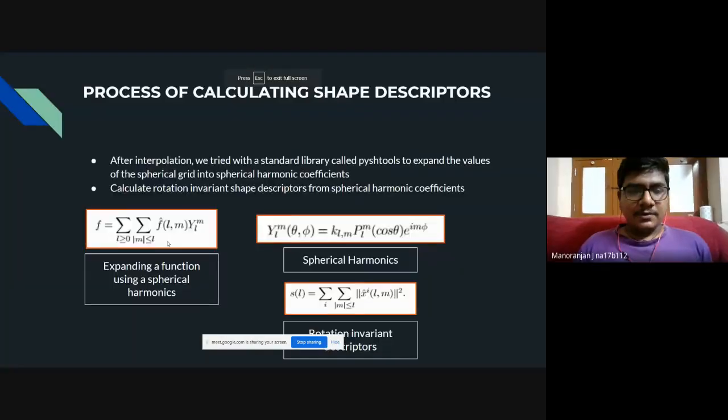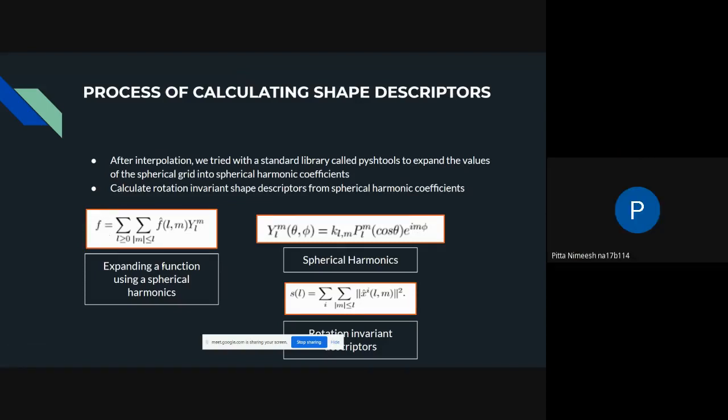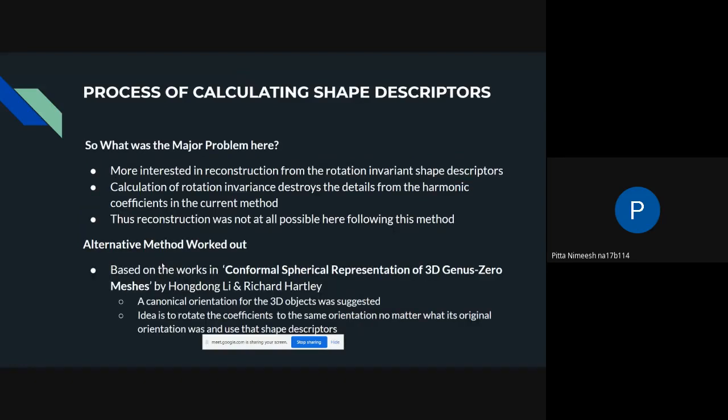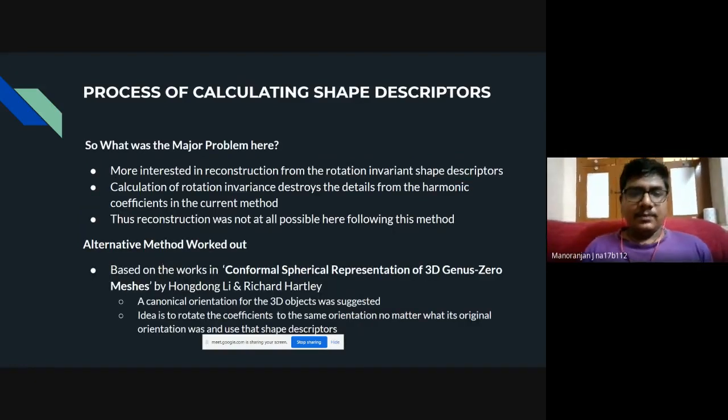Yeah, Nimish, to your question on how we reconstruct, once we know these coefficients, it's just a mathematical procedure of multiplying them with the spherical harmonics and getting the function back, which in this case is XYZ. That's it. So I was discussing what the major problem was in the method we saw.